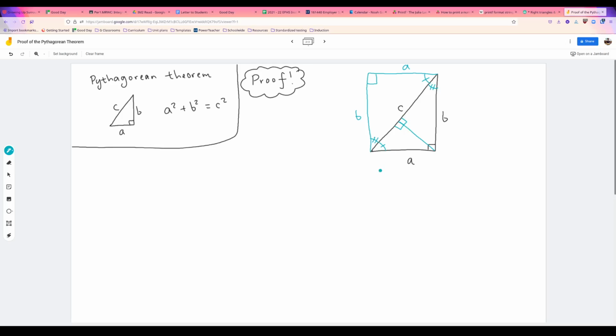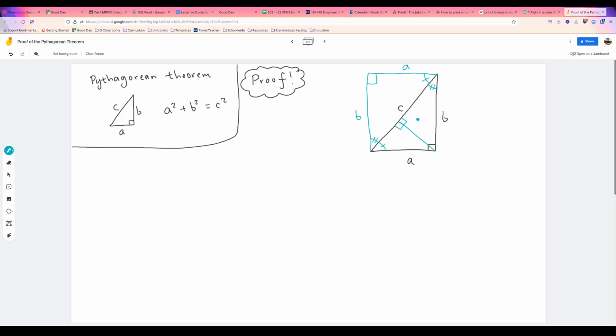So what can we tell? Well, we know then that all three of these right triangles are similar by angle-angle similarity. This triangle has two angles in common with this big triangle and so on. And also these two triangles are congruent. All right.